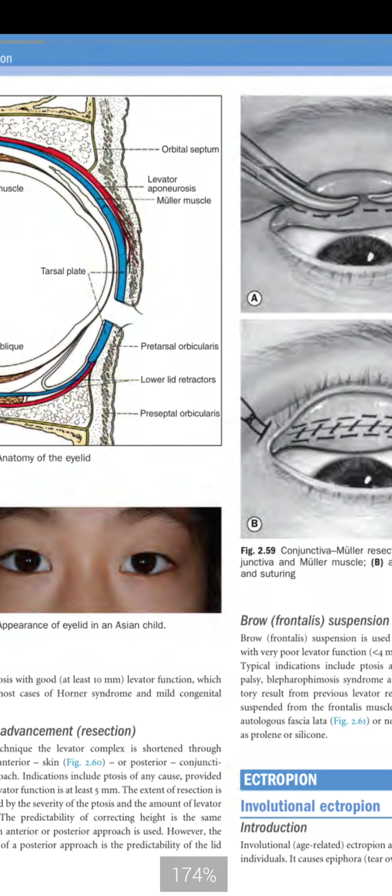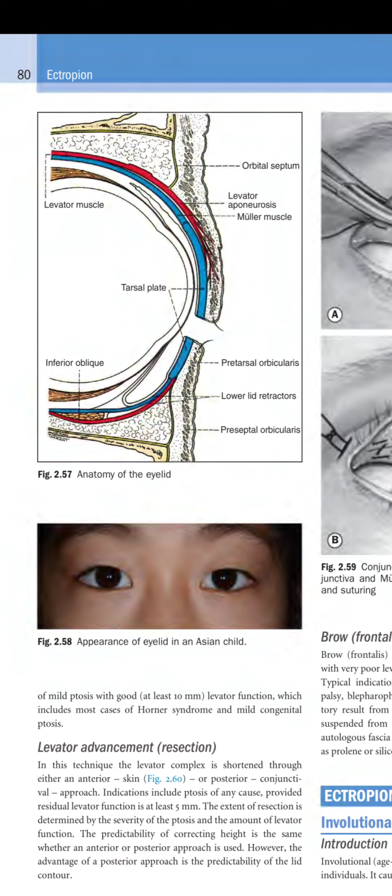So basically the levator aponeurosis in this case is red in color, and it attaches to the orbital septum. In this blue one, till here is the tarsal plate, and it attaches to the orbital septum about 4 millimeters above the tarsal plate, and its posterior fibers attach to the anterior side of the tarsal plate.